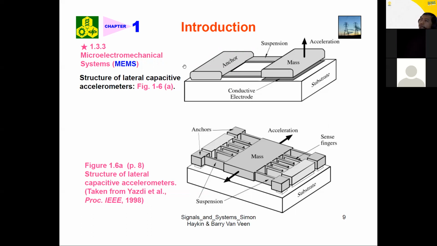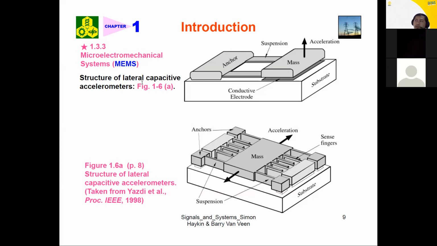This kind of MEMS technology is for gyro sensors and accelerometer sensors, which are already embedded in your smartphone.